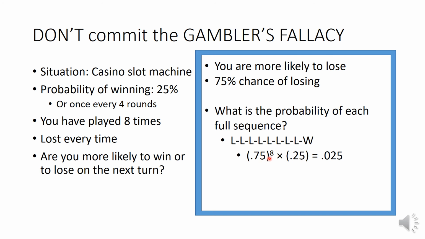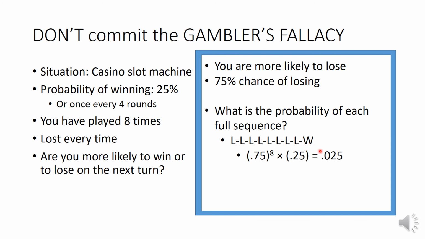So that's 0.75 to the 8th power times 0.25. If we multiply these decimals together, what we'll get is 0.025. In other words, we have a 2.5% chance of losing the first 8 times.